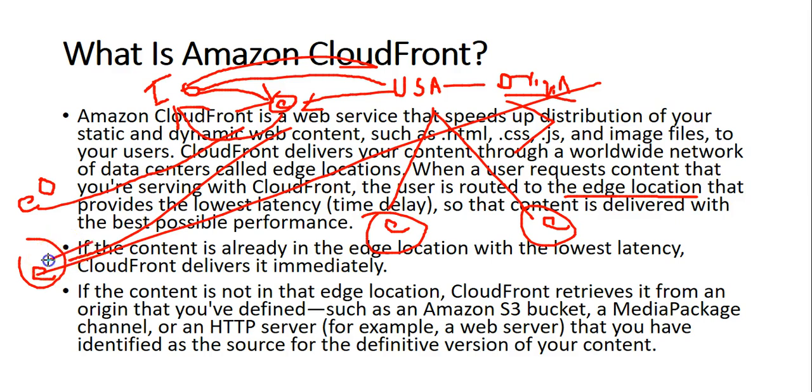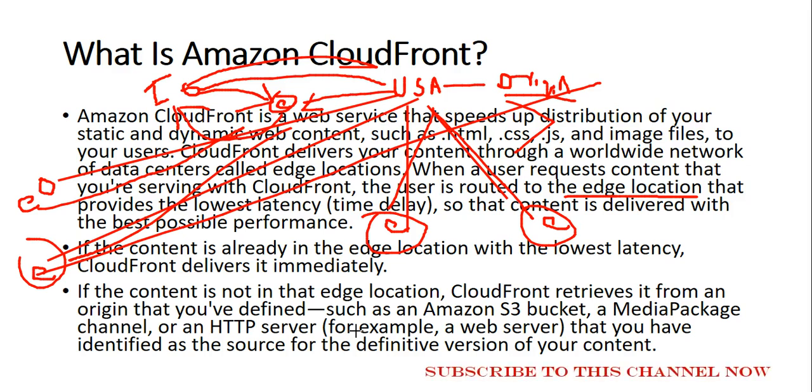It would go here, it would go here, it would go here, right? And like I said, the origin can be your S3 bucket, your media package channel, or an HTTP server, for example your web server that you have identified as the source for the definitive version of your content. So I hope this was clear to you. Let me log on to the portal and take it from there.